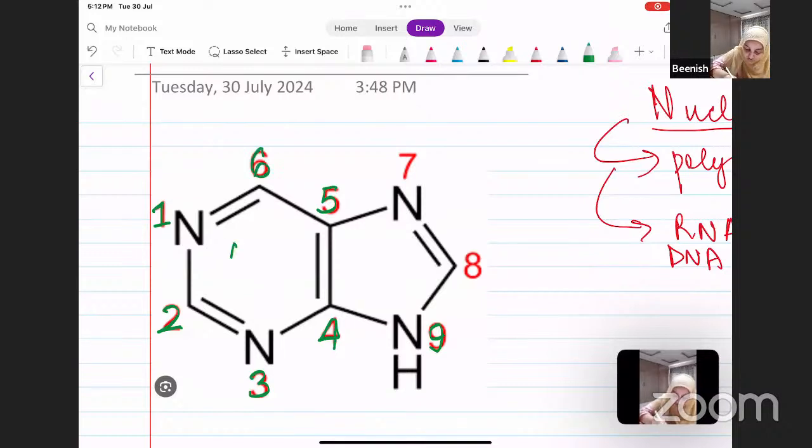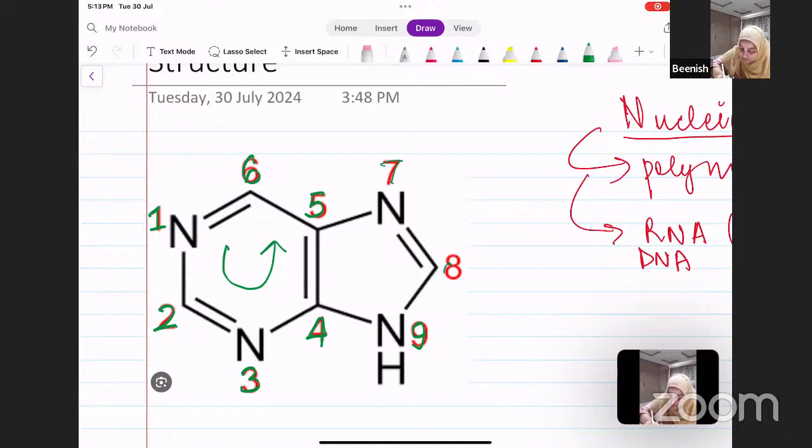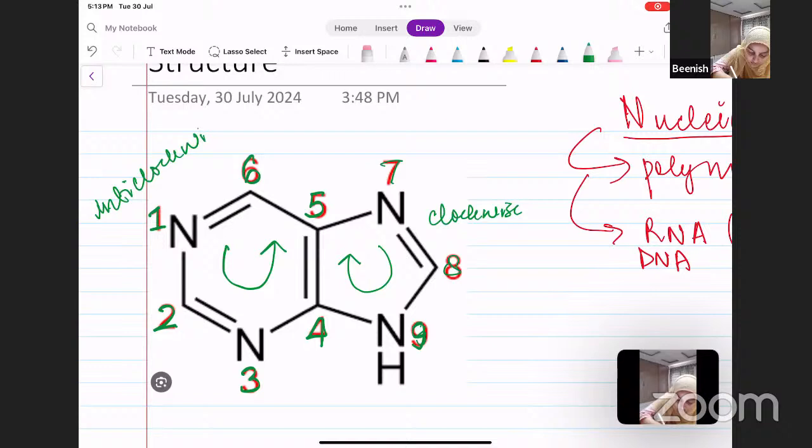In the first ring, the numbering is anti-clockwise. And in the second ring you have 7, 8, and 9, and the numbering is clockwise.